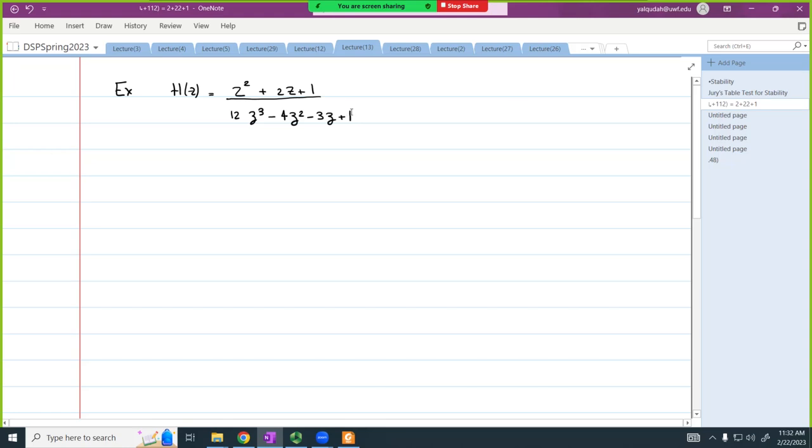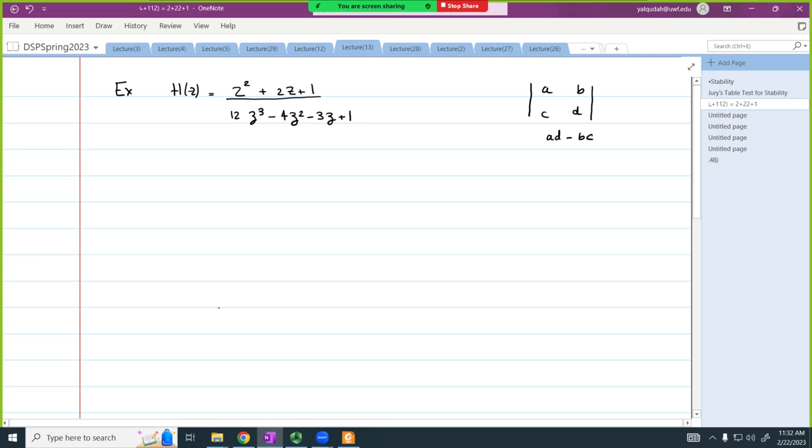How do we calculate the determinant of A, B, C, D? What is the determinant of this matrix? AD minus BC. Is that what you said?